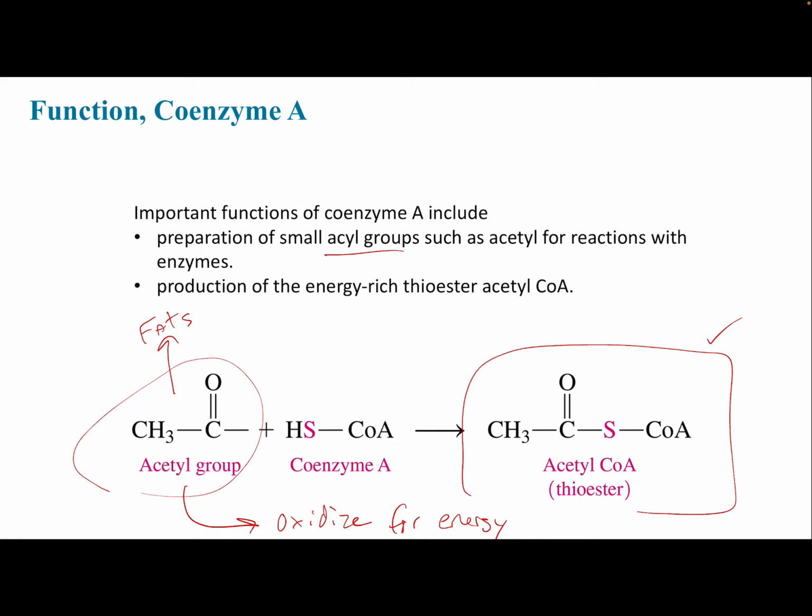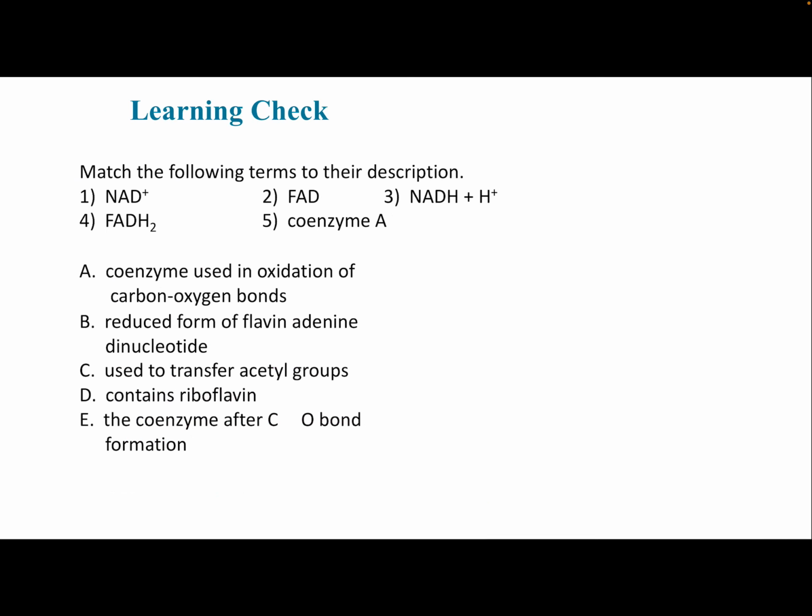Acetyl groups are the breakdown product of a lot of our molecules, but they're also used for building things. So you'll see acetyl groups a lot, in the next two chapters especially. But acetyl groups plus coenzyme A gives us acetyl-CoA. So acetyl-CoA is not the coenzyme, but acetyl-CoA is very important.